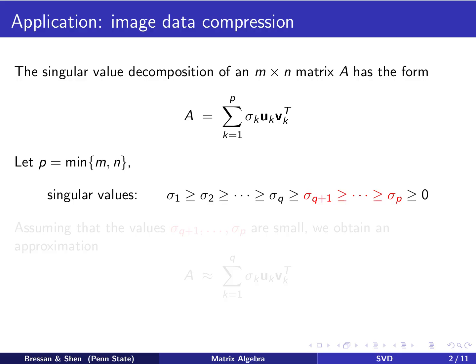So here, let's say A is an m by m matrix, and then it has a bunch of singular values, sigma 1, sigma 2 to sigma q, and we line them up from the largest one going down, and they are all non-negative. And A can be written as the sum over k of sigma k, uk, and vk transpose.